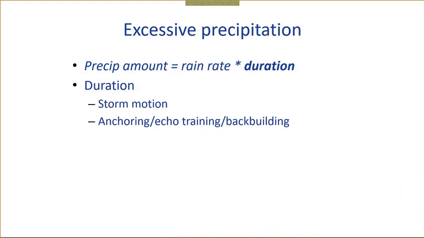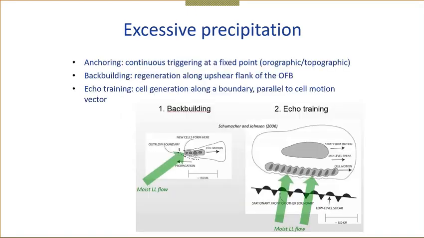That's your background wind field, so that steers the storm. So the storm motion, the effective storm motion, is important. And as a sort of interaction of your background field with the storm, you end up with a few possibilities in which the duration of the storm at one particular location occurs.